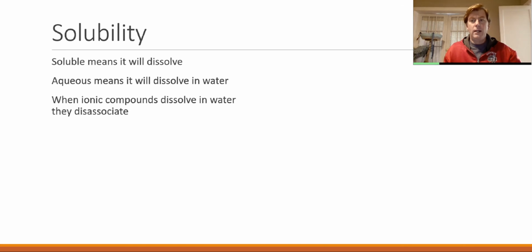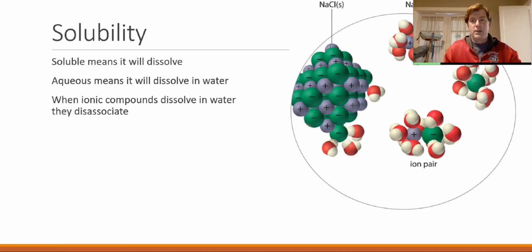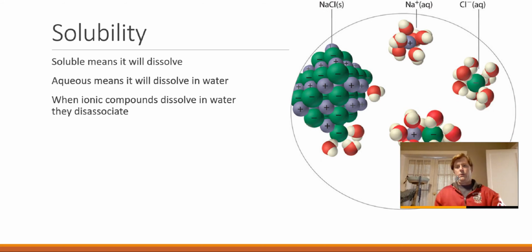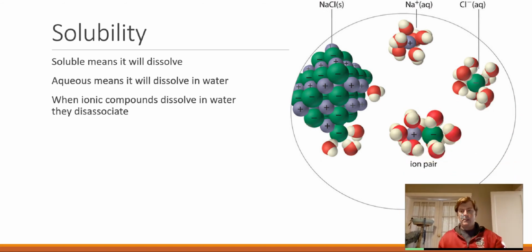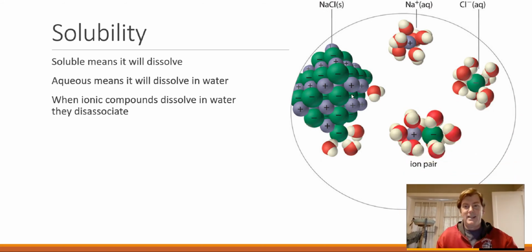So when ionic compounds dissolve in water, they dissociate. And what that means is they get pulled apart. So here we see a salt crystal. It's a nice cubic crystal.